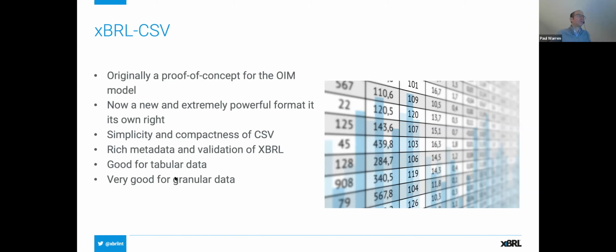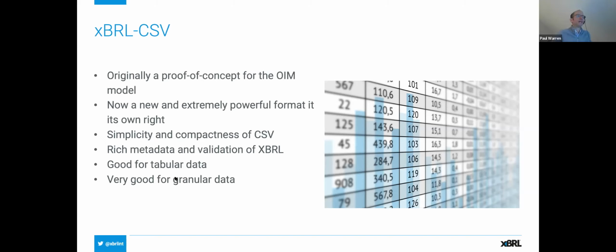But actually, as we went on, we realized that it has significant potential as a useful format in its own right, because it is universally supported. Just about every data-centric tool has a CSV import or export function, but also because it's extremely compact. So where you're dealing with large file sizes, CSV data has some significant advantages.